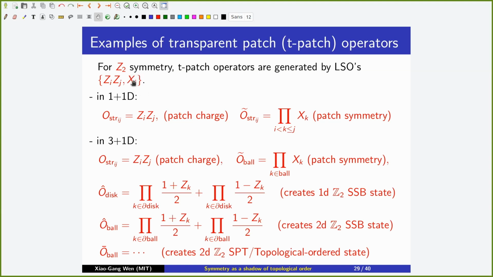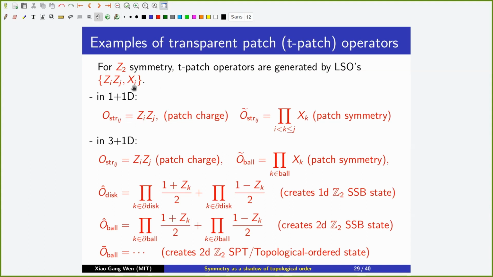Then the X operator is symmetric, but we have to have the pair of Z as a local symmetric operator. So those are generators of this local symmetric operator. Yeah, I should really write Z_i Z_{i+1} maybe. But then in 1+1 dimensions, we have a string operator where i and j are far apart. So that is a patch charge operator.